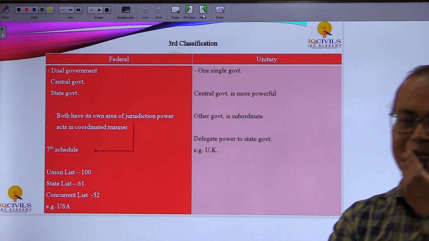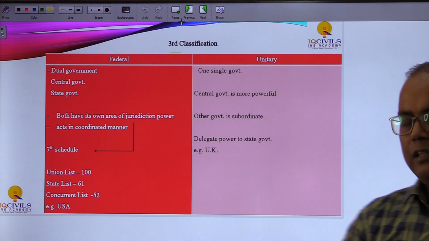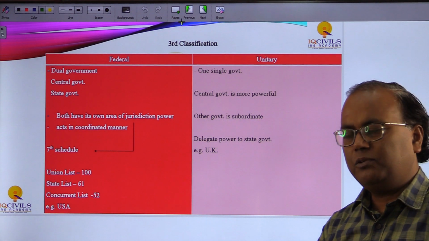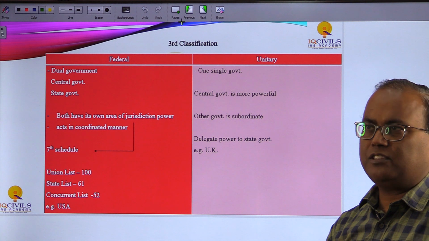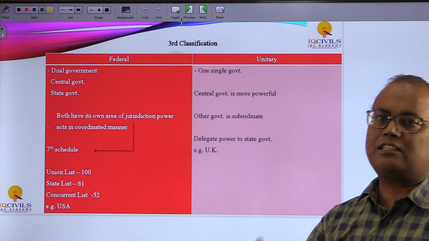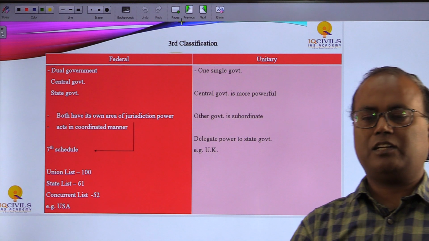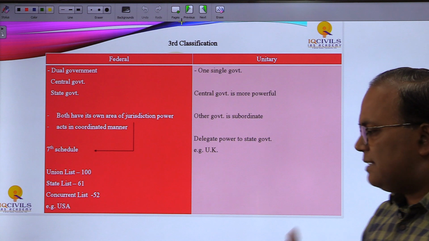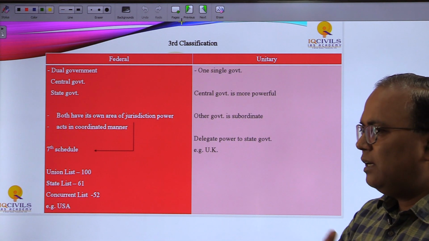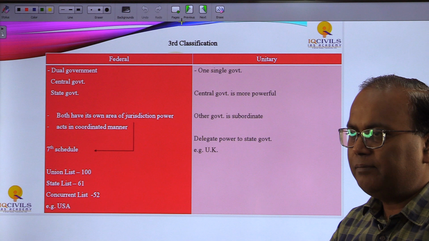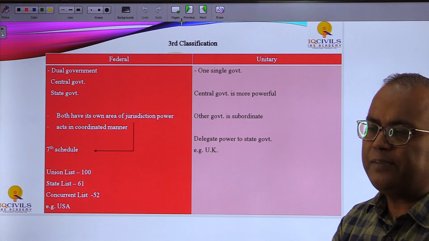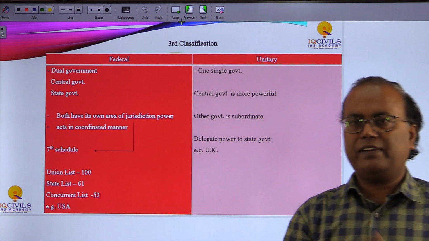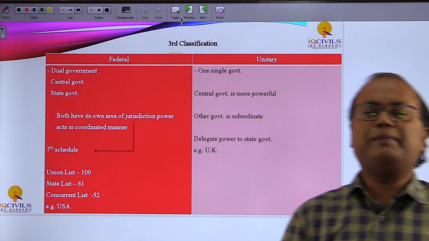Now you must have understood that some of the provisions of our constitution require a simple majority and some of our constitutional provisions require a special majority, that is 2/3. So it's an admixture of a very simple majority and a very difficult majority, that is the special majority. So the Indian constitution is neither flexible nor rigid, but in between.